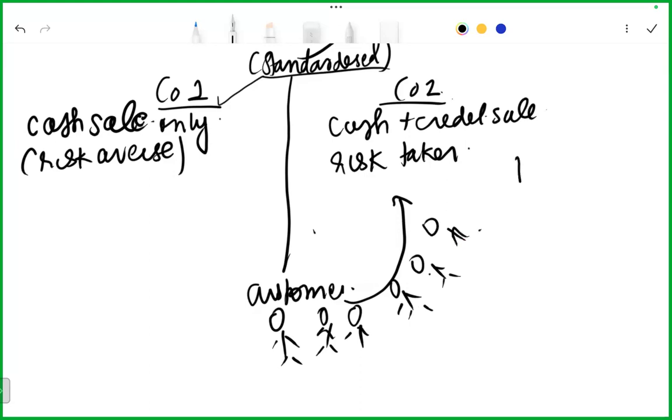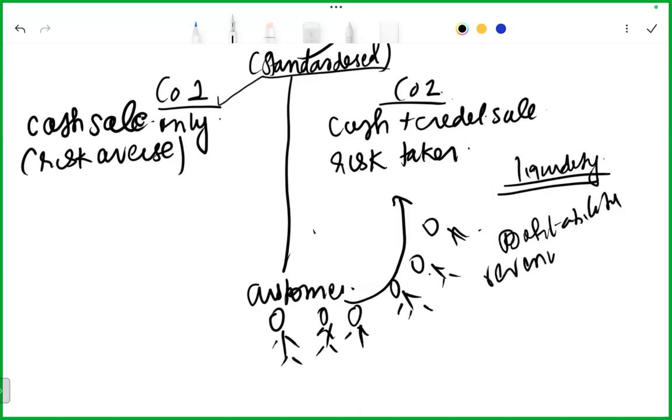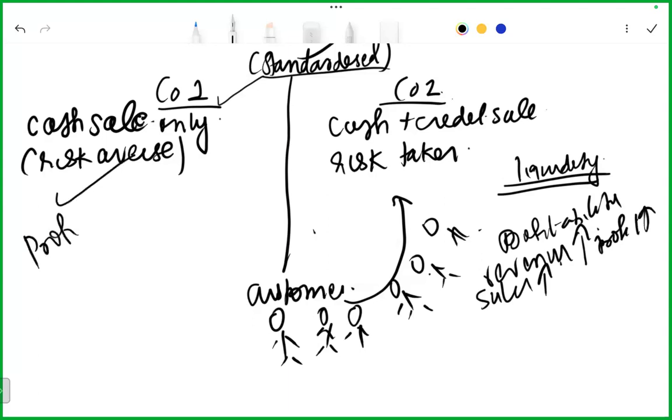So even though there is a risk of liquidity issue, profitability will increase. Your revenue will increase here. Your sale is increasing, so your profit can also increase here. But for company 1, they will have a profitability issue.